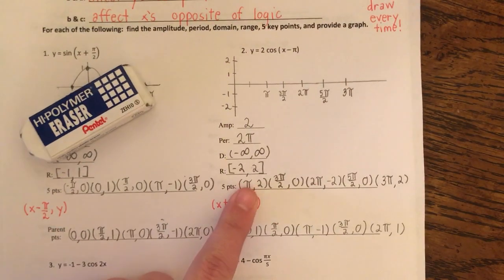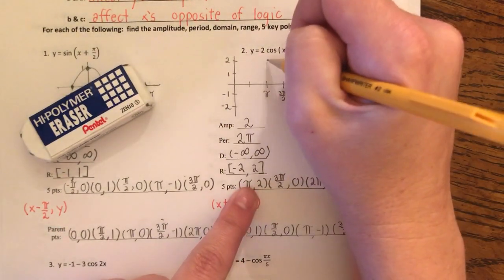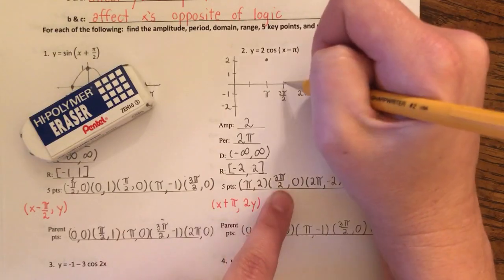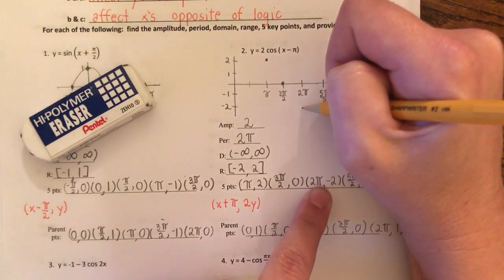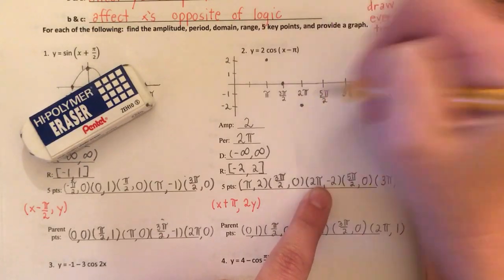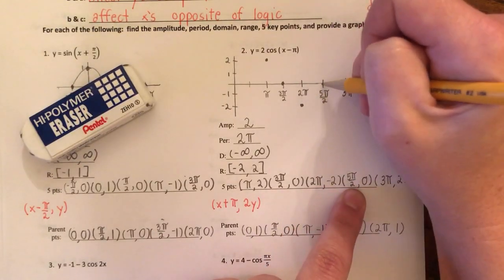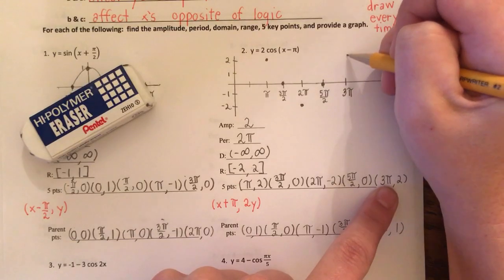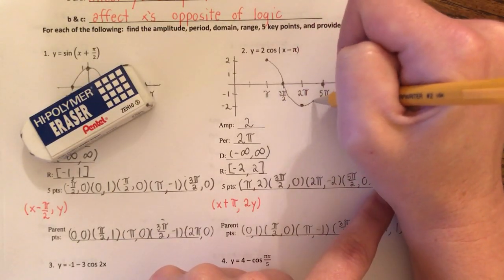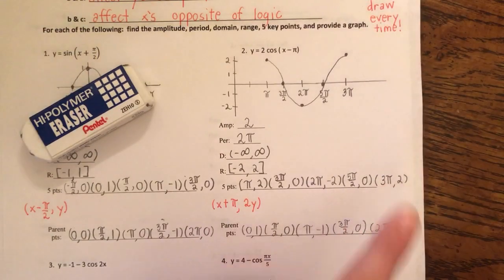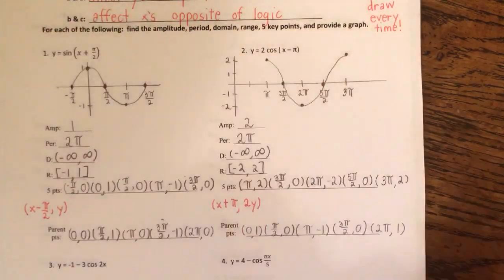And then my starting point is pi, comma, 2. And then 3 pi over 2, 0. And then 2 pi, comma, -2. And then 5 pi over 2, 0. And then 3 pi, comma, 2. So curve, curve, curve. All right, so that's that graph.